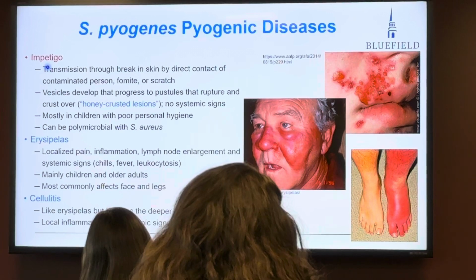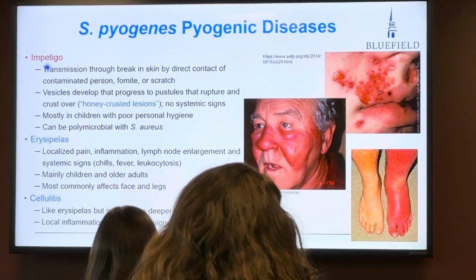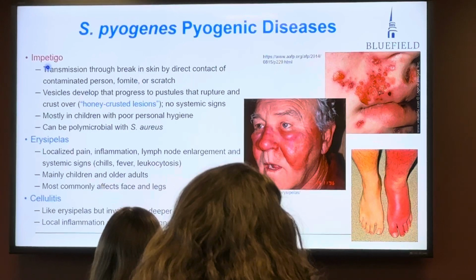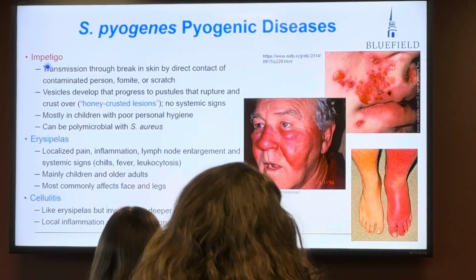You're like, Dr. Johnson, you said that was a disease caused by Staph aureus. Well, yes, it is. It's the same disease process, and so that's how we named them. Way before we could grow the bacteria and realize that there were 2 different ones, we had this disease called impetigo. Think of a classic example: hepatitis.